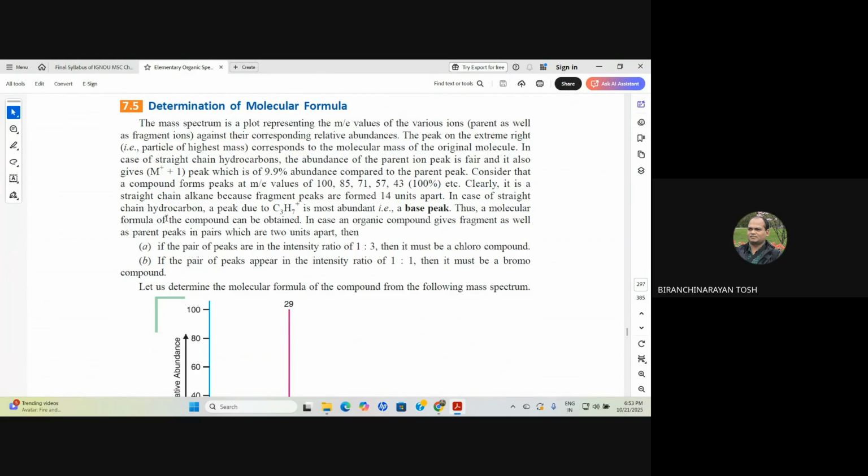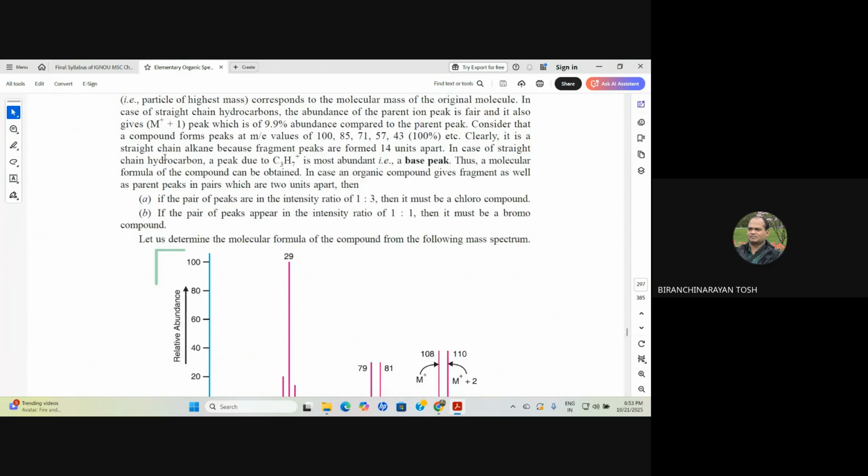But consider that a compound forms peaks of m/e value 100, 85, 71, 57, and 43. Clearly, it is a straight chain alkane, because fragment peaks are formed 14 units apart. So that means a CH2 methylene group, carbon 12 plus H2 means 14.